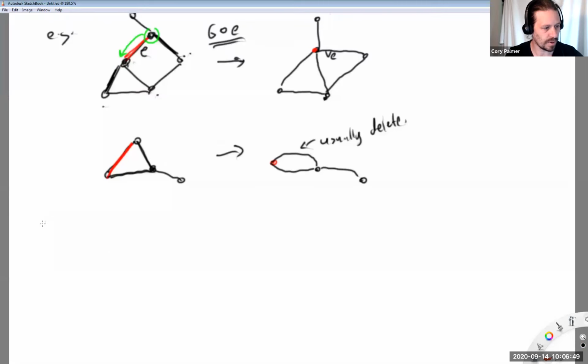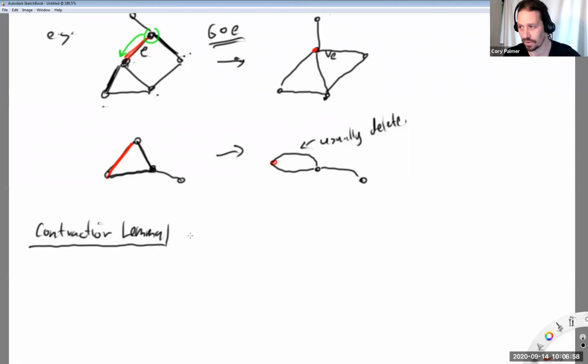And so this lemma is going to be called the contraction lemma. Ultimately we're going to have a proof to characterize 3-connected graphs, and this is a lemma that will help us do such a thing.